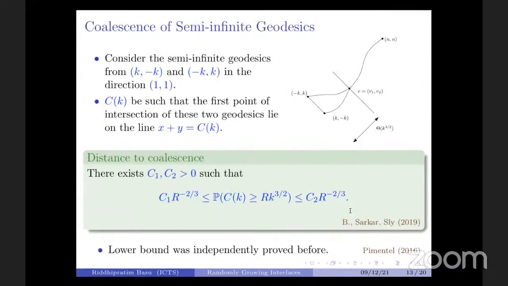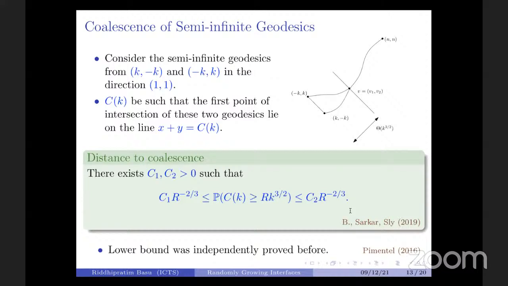I'm running out of time a bit, so I won't go into the details of these results, but you can also ask about two infinite geodesics going off in the same direction, so semi-infinite geodesics; bi-infinite geodesics, as I said, do not exist. In a smooth Riemannian manifold, even if they're going off in the same direction, they will not coalesce.